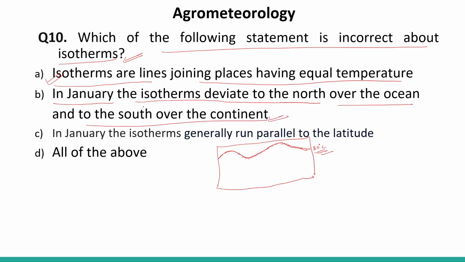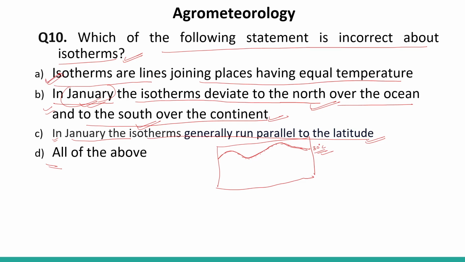Basically, the isotherms bend north over the ocean and south over the continent during January. Third statement, in January, the isotherms generally run parallel to the latitudes. And D says all of the above. So which is the incorrect statement?